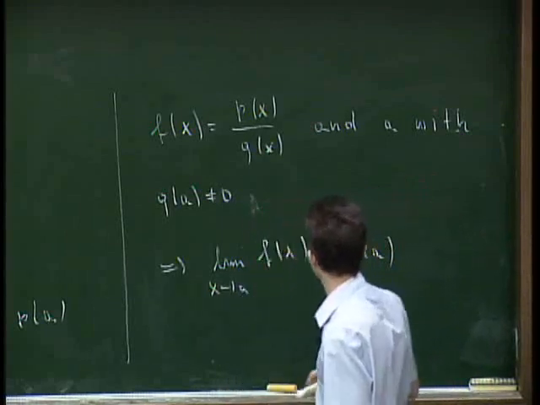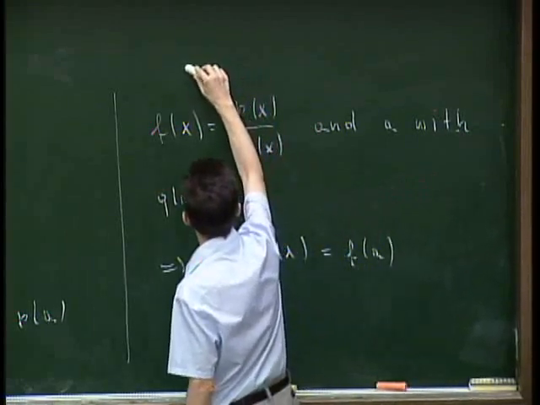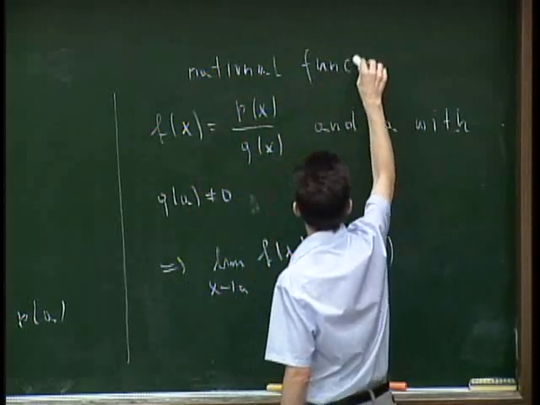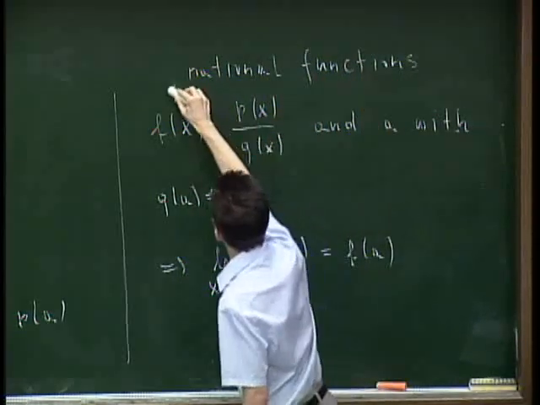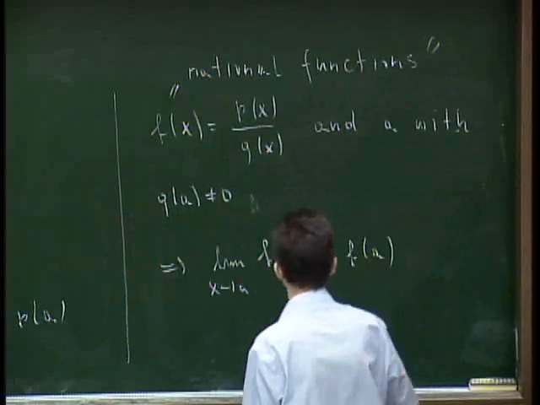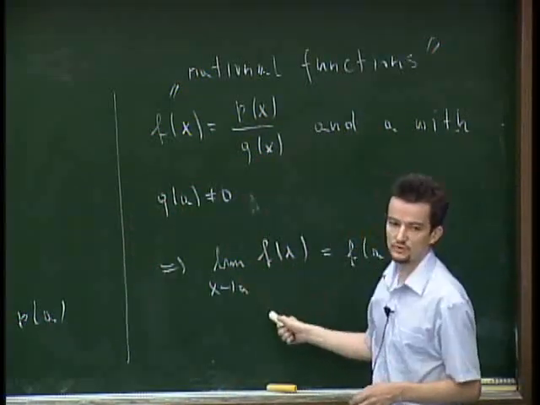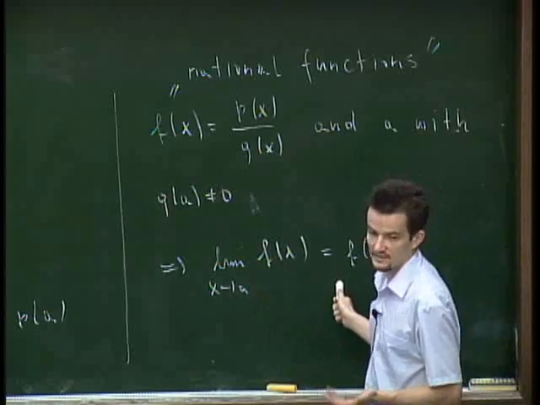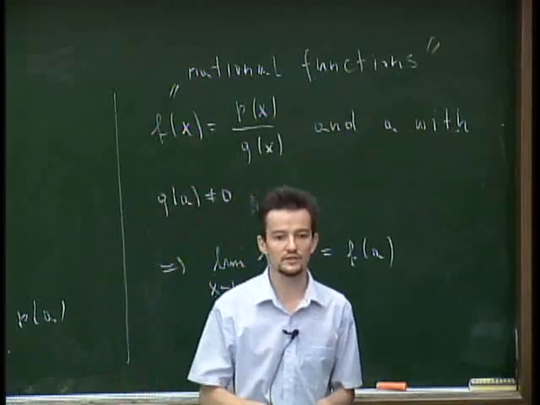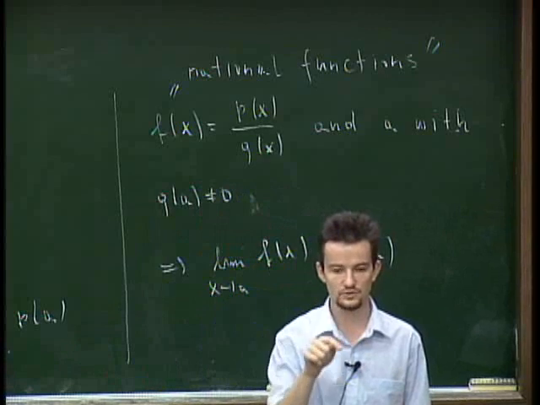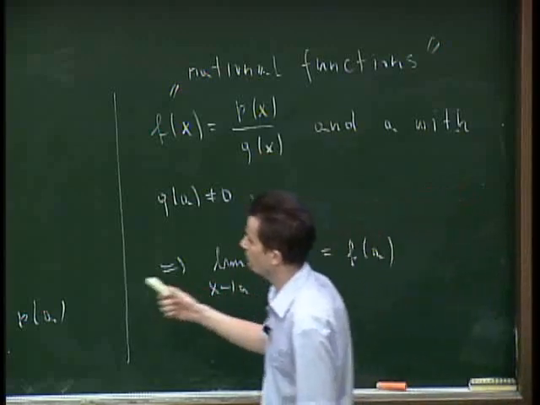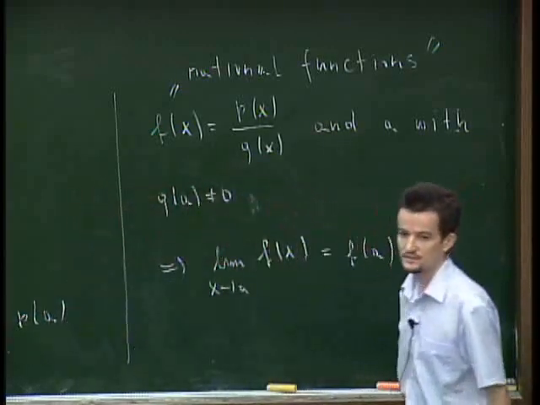Okay, so such functions are called rational functions. Rational functions are just quotients of polynomials. Also for rational functions, the limit is very easy to compute, just plugging in. And this here is, again, a consequence from the limit laws. Once you know this here, and you know that the quotient rule is true, so that the limit of a quotient is the quotient of the limits, you immediately have this here. Okay, so for polynomial and rational functions, the situation is very easy.